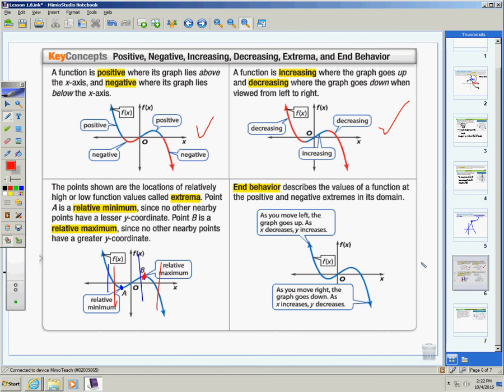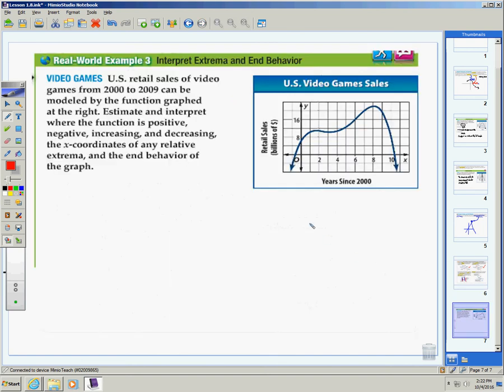So we're going to look at this graph and we're going to interpret any extrema and end behavior. So we've got US retail sales of video games from 2000 to 2009 can be modeled by the function graphed at the right. Estimate and interpret where the function is positive, negative, increasing, decreasing, the x-coordinates of any relative extrema, and the end behavior of the graph.